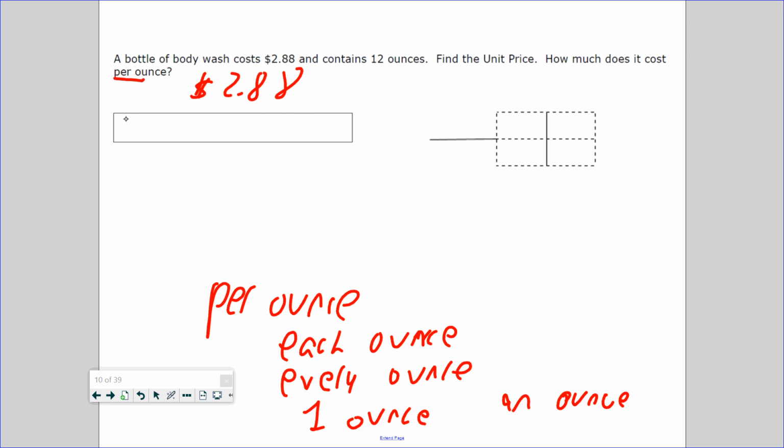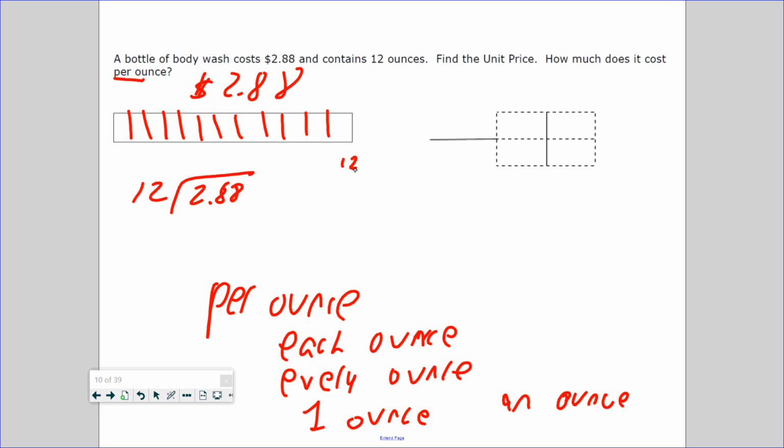So I'm going to break this into 12 sections. 1, 2, 3, 4, 5, 6, 7, 8, 9, 10, 11, 12. And then, how many cents go to each section or each ounce? So I need to divide. $2.88 divided by 12.